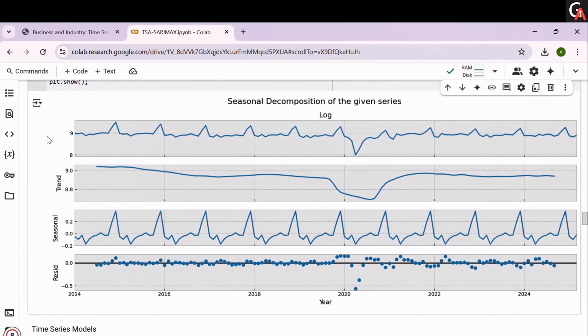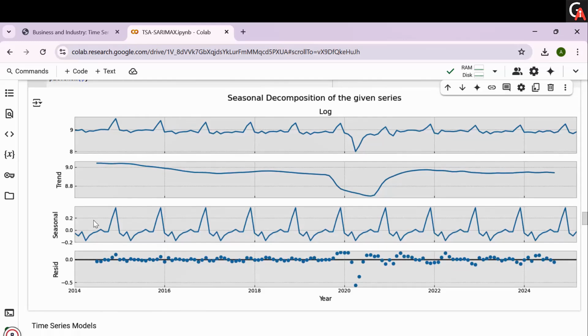So we have got these four charts. The first one is the log. So that is the actual values that we have provided, actual logarithmic values. So this is the same as that. Then there is a trend component, that is, is there any uptrend or downtrend. Then you can see that no trend is present in here. Then there comes the seasonal component.